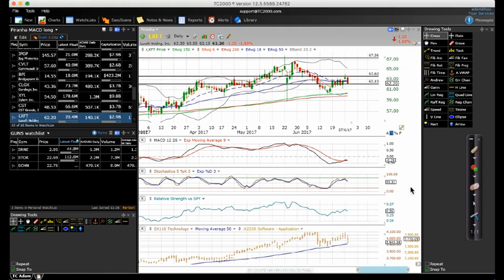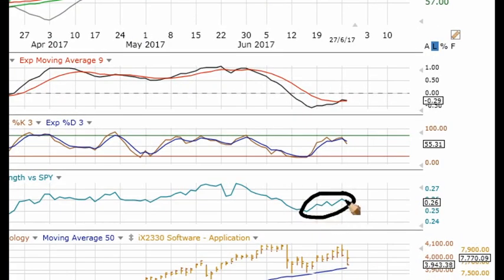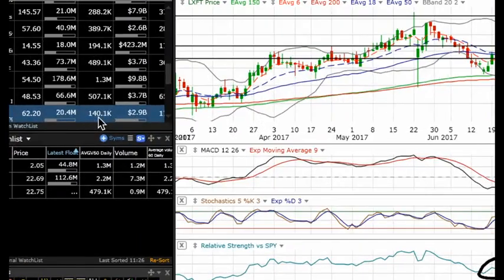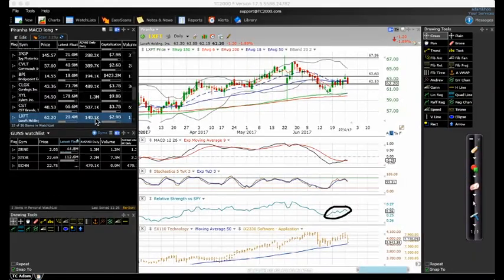If I look at the relative strength, I can see that the relative strength has been moving up as well, trending up. So good. Now, what's the volume on this? The volume on this is not really great. It's 140,000 shares. Again, ideally, I like it to be above 150,000. So because of this, I may not take LXFT after all. I may just go with LMAT, right?